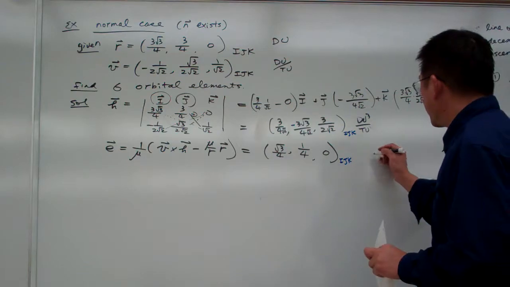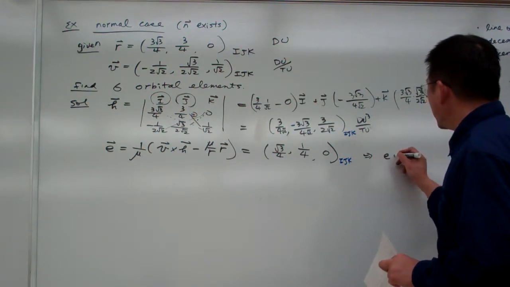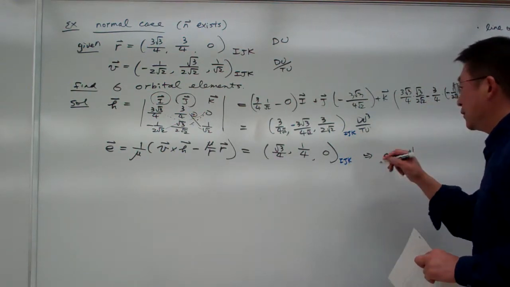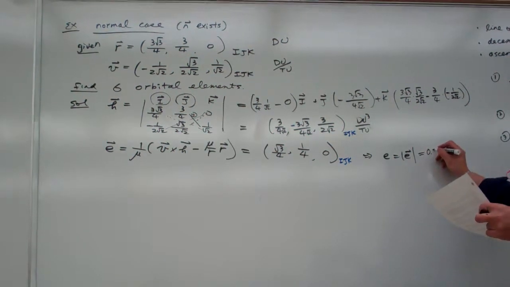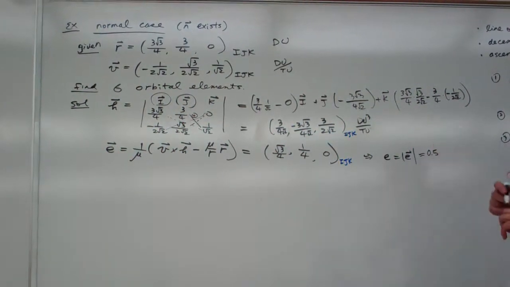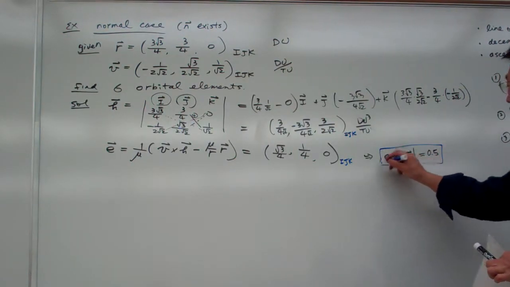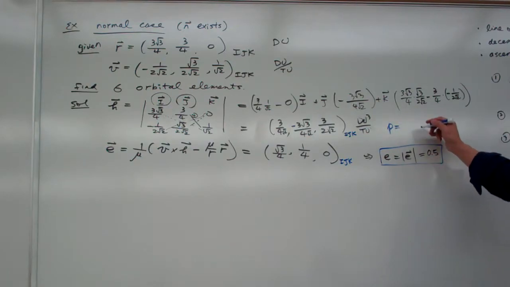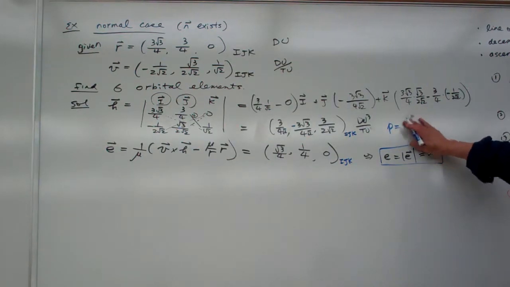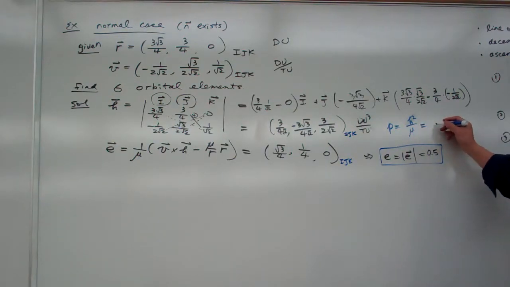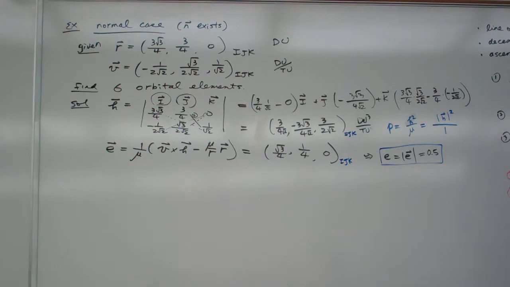Okay, so therefore from here we can determine e, the magnitude of this vector, is 0.5. And from here we can determine p equal to h squared divided by mu, and h squared is simply this vector squared, and mu is 1 here, since we take the DU/TU system.